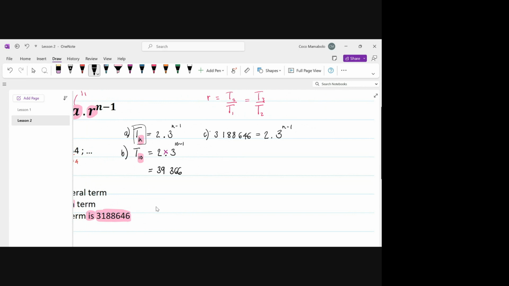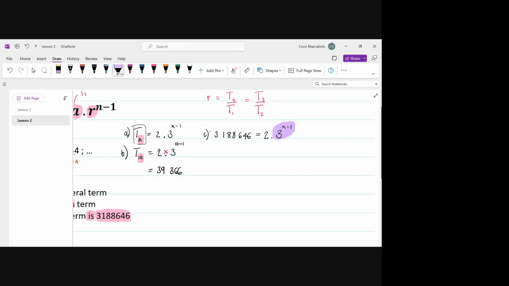My n is my exponent. So I need to get rid of everything else and ensure that I have n by itself when we are done. So first thing I'm going to do is I want to make sure that the thing that n is attached to is on its own. So I need to get rid of the 2. How am I going to do that?